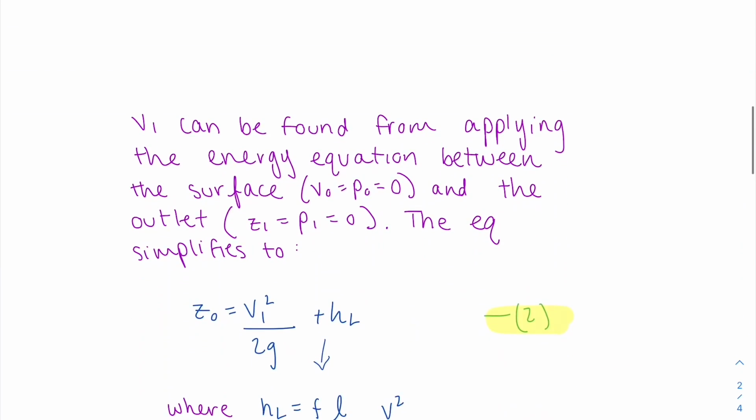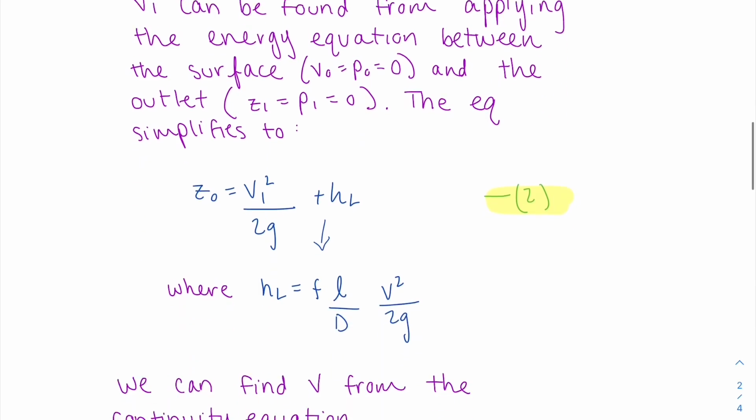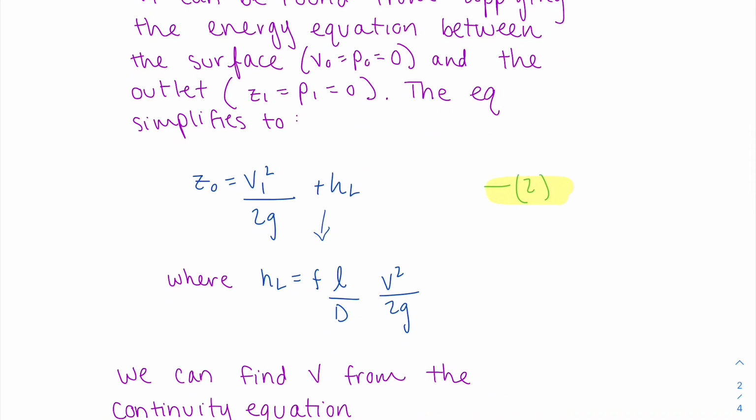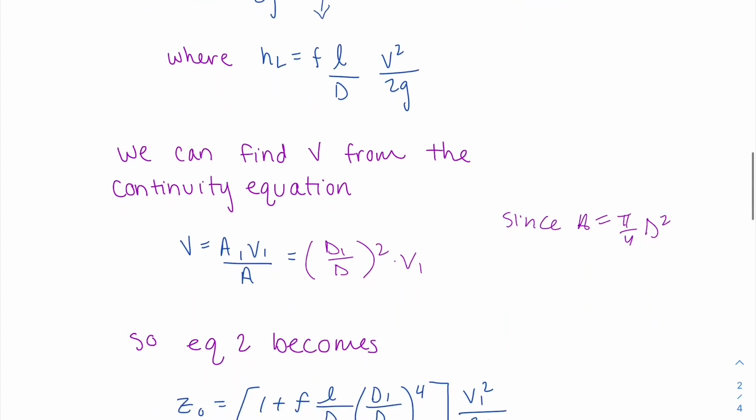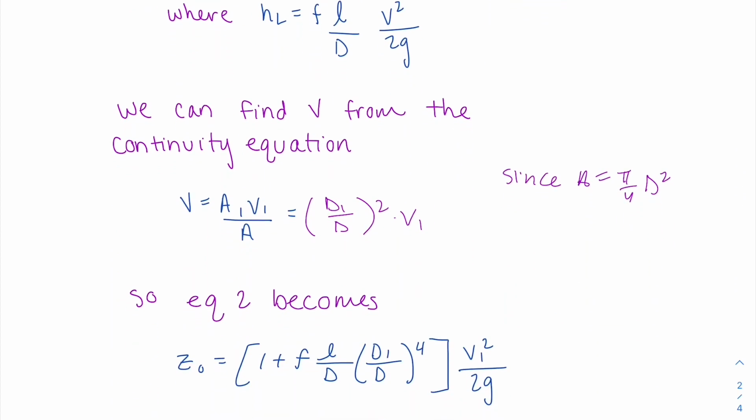Next, V1 can be found from applying the energy equation between the surface where the velocity and pressure is 0 and the outlet where the pressure and the height is 0. This equation then simplifies to this equation, where head loss is the friction coefficient times L over D times V squared over 2g. So we can find V from the continuity equation and the ratios of the diameters of the pipe and the nozzle.